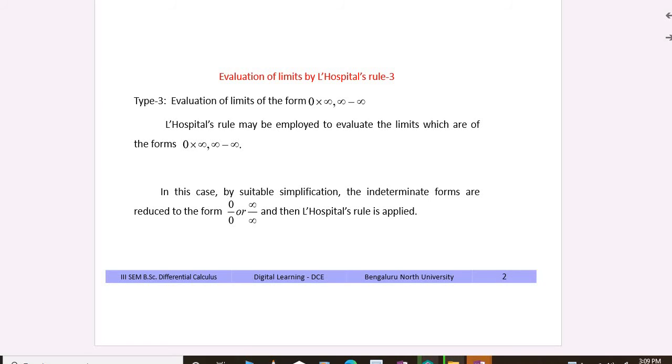L'Hopital's rule may be employed to evaluate the limits which are of the forms 0 into infinity, infinity minus infinity. In this case, by suitable simplification, the indeterminate forms are reduced to the form 0 by 0 or infinity by infinity, and then L'Hopital's rule is applied.